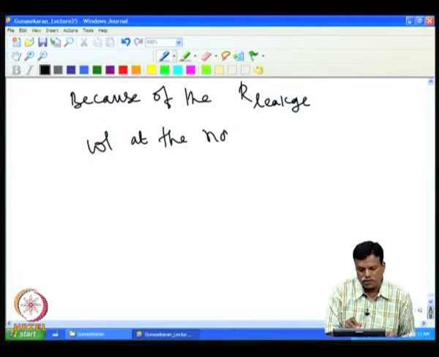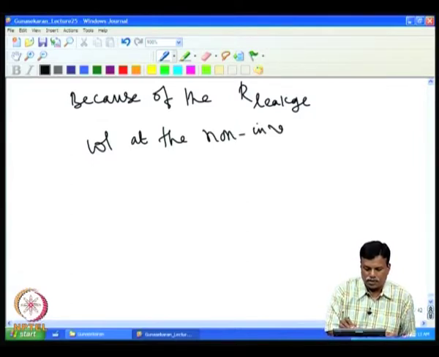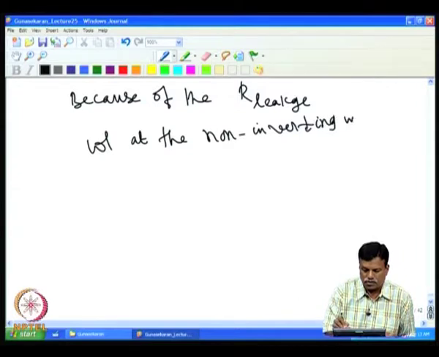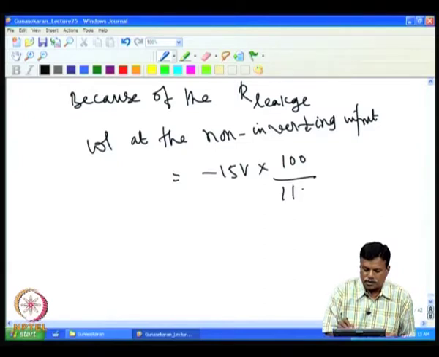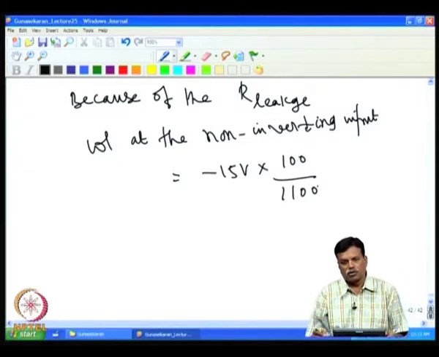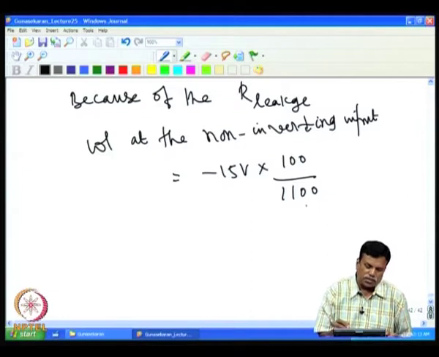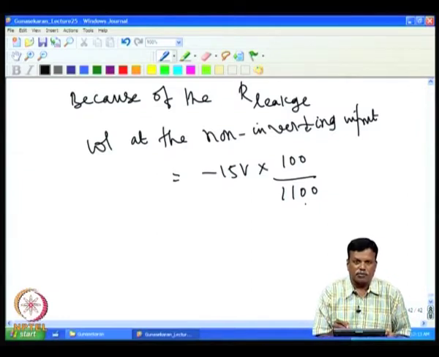voltage at the non-inverting input, that would be equal to minus 15 into 100 megohm divided by 1100 megohm, because the 1000 megohm and 100 megohm are in series.